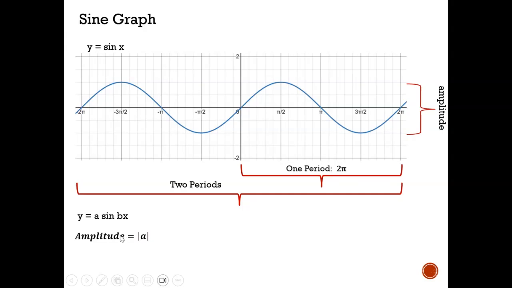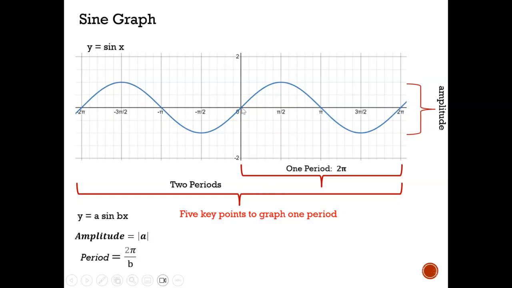The a is the amplitude, which means how far the graph goes up and down. And the period, 1 period, is 2 pi over b. That's why it's crucial to know what the a is and what the b is to be able to graph. And also you need 5 key points to graph 1 period.